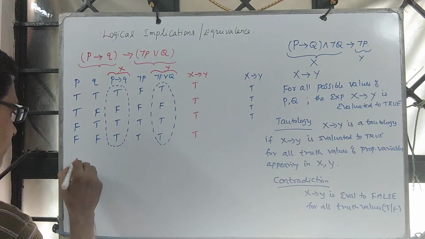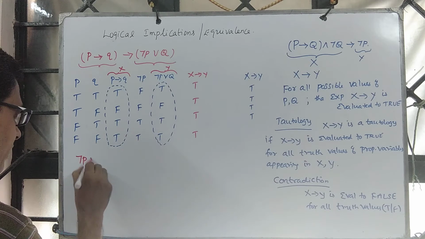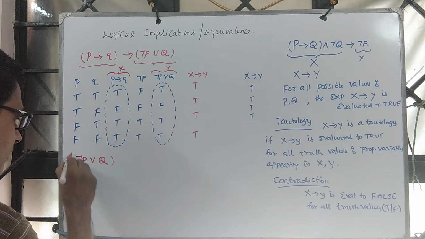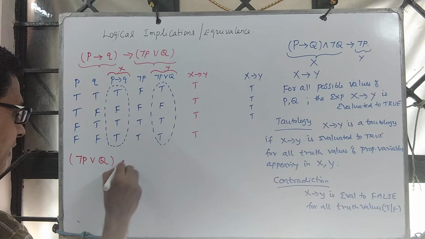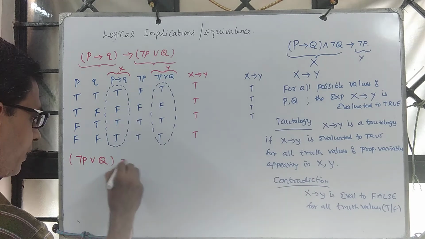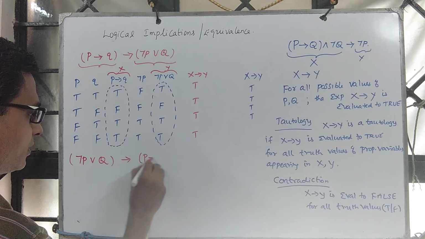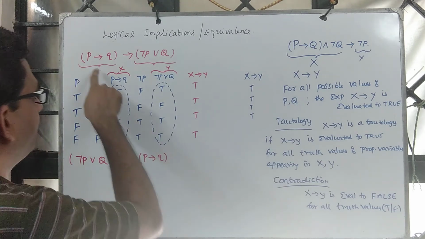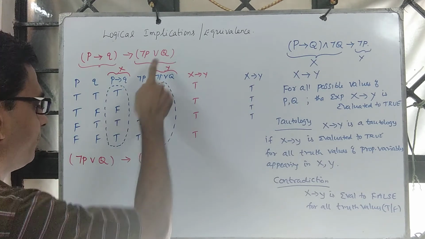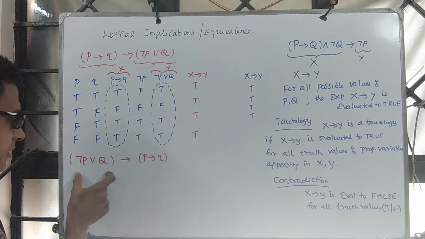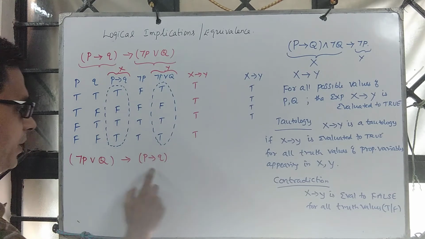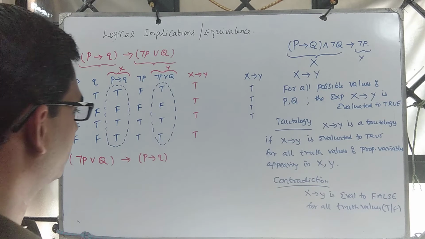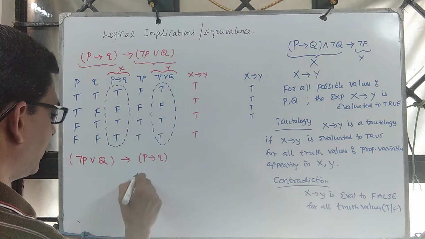Meaning negation P or Q implies this. It is not only that P implies Q implies this; it also means negation P or Q implies P implies Q. Let's look at that.